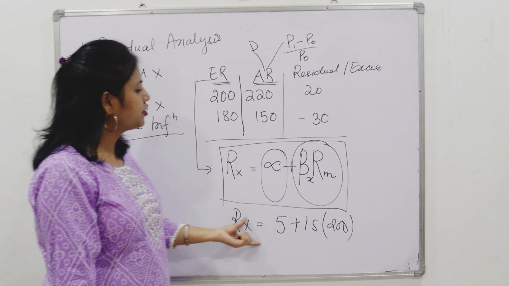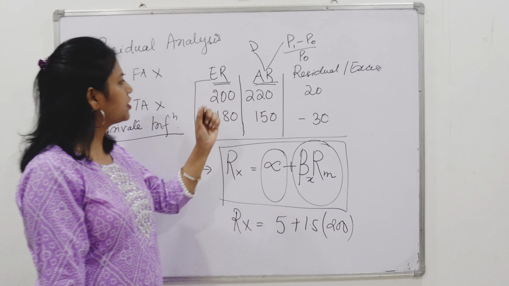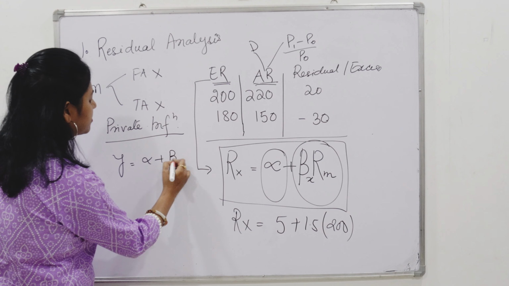So when I find out the expected return of the security is 200 by solving this equation, for example, and I compare it with my actual return, I find that the market has given me something extra, 20, and here the market has given me something less than what is expected, right? Now the question is, econometricians have a specification, they call it y equals alpha plus beta x.